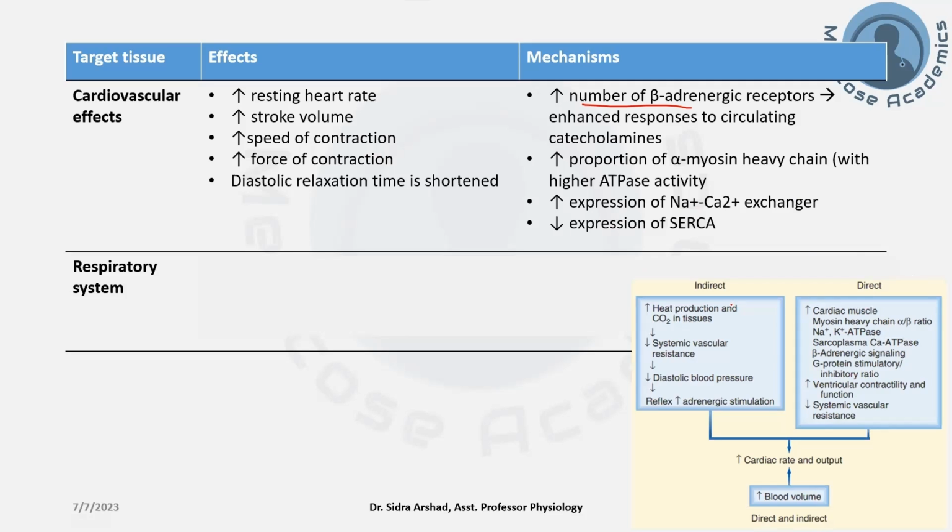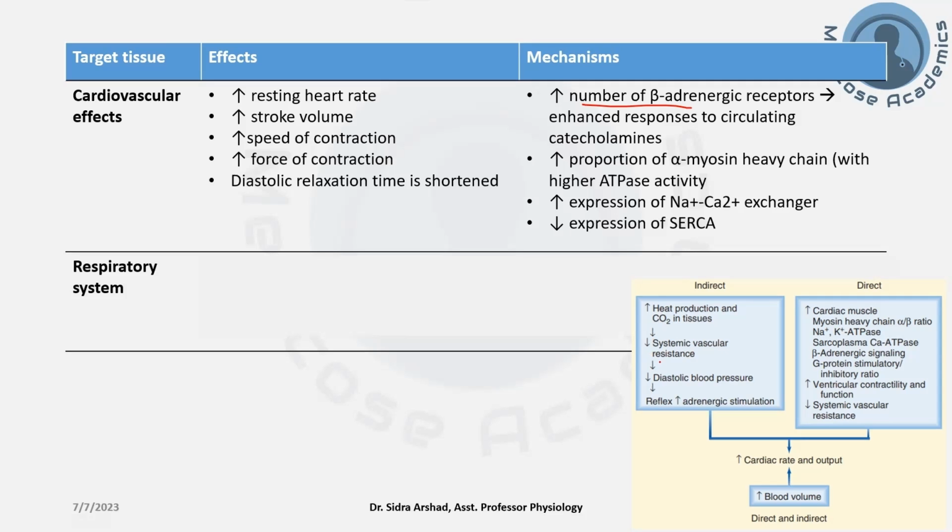The indirect effects are brought about by the overall effect of thyroid hormones on the metabolism. As they increase the heat production and cellular metabolism, there is carbon dioxide production in the tissues. So carbon dioxide and the increased heat cause vasodilation, and this vasodilation decreases the systemic vascular resistance.